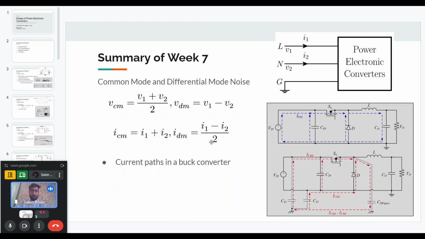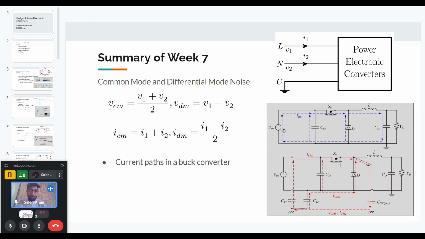But practically, due to EMI, there will be some current flowing through I1 and I2 in the same direction. So for ICM, the common mode current, I1 plus I2, if I2 is not equal to minus I1, then we will have some positive value for ICM, and this current goes through the converter to the ground.